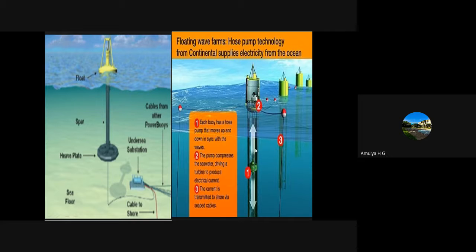The electricity generated through the turbine with the help of a generator is transmitted with the help of underground sea cables to the shorelines. So this is how the floating waves are converted into electricity with the help of the power buoy or the point absorber.